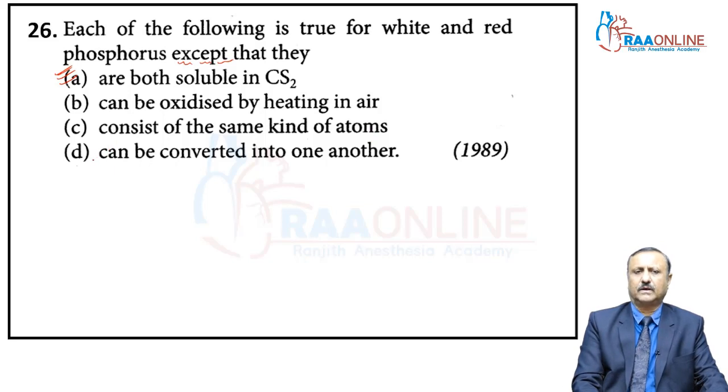Option D, can be converted to one another: yes, when white phosphorus is heated, it is converted to red phosphorus and vice versa. White and red color depends on the temperature. So, we can distinguish between white and red phosphorus; both are not soluble in carbon disulfide. Are these both soluble in carbon disulfide? No, not at all. So, answer to question 26 is option A.